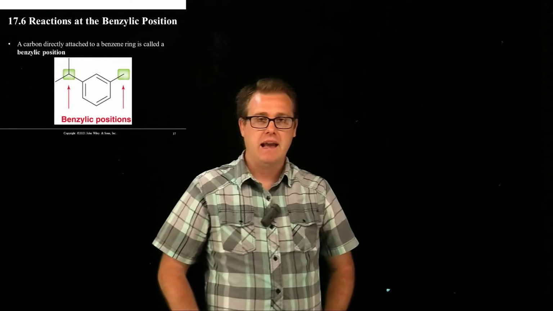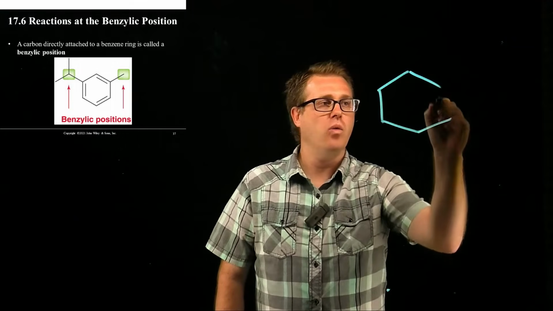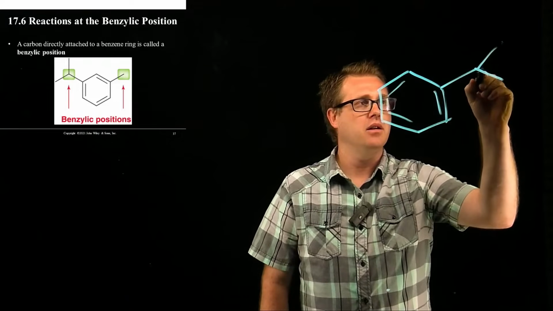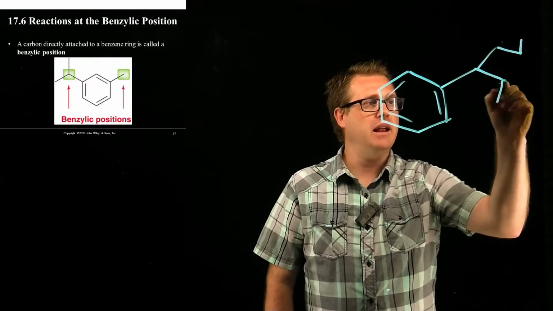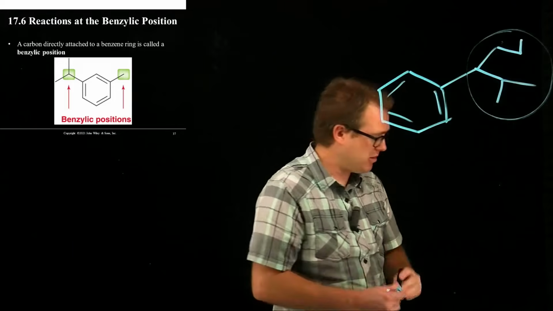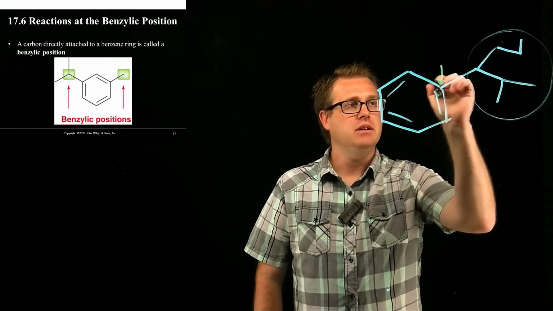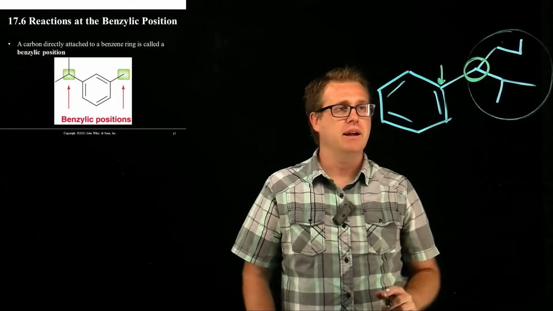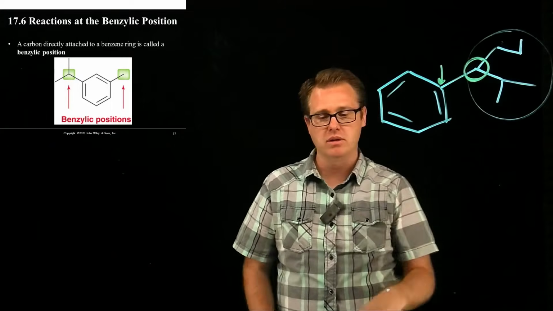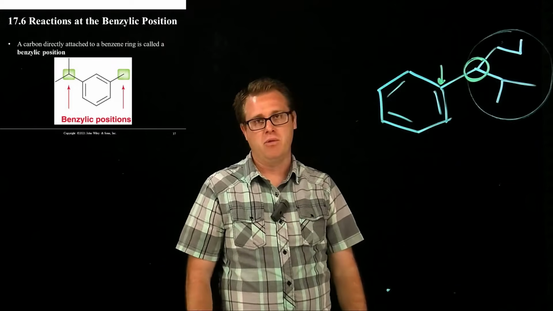So whenever you look at a benzene, it does not matter what the carbon necessarily looks like. It could be any group attached to it. The benzylic carbon is going to be the one that is directly attached to that ring. So this one right here that I circled is the benzylic carbon. It can look however the carbon chain wants to be.